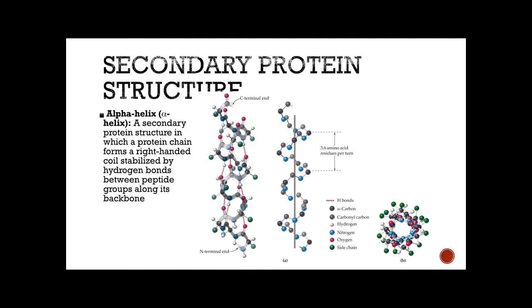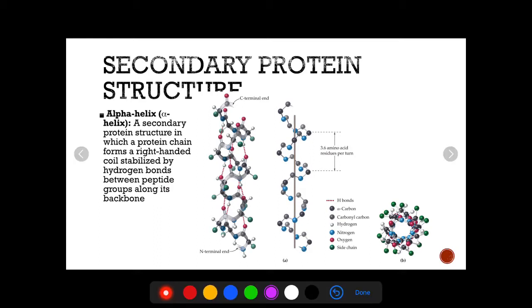First, the alpha helix forms a coiled shape by hydrogen bonding between the hydrogen that's attached to the nitrogen group in one turn, and the oxygen from the carbonyl group in the next turn. So you can see right here, we have this nitrogen. It's kind of hard to see.